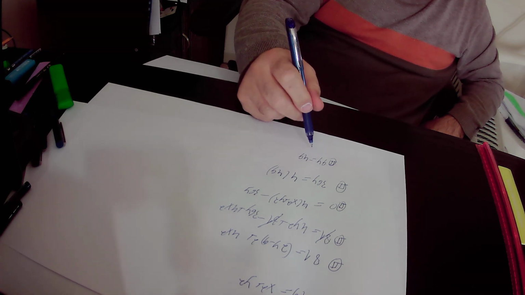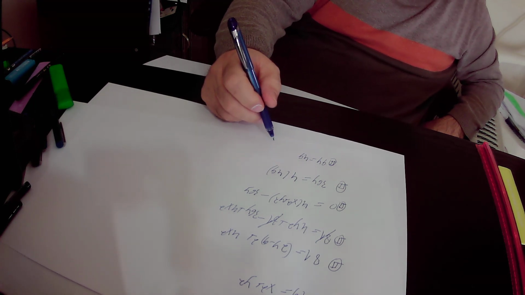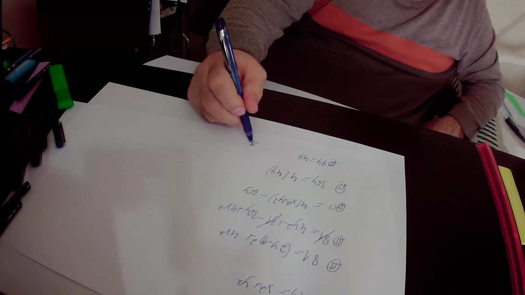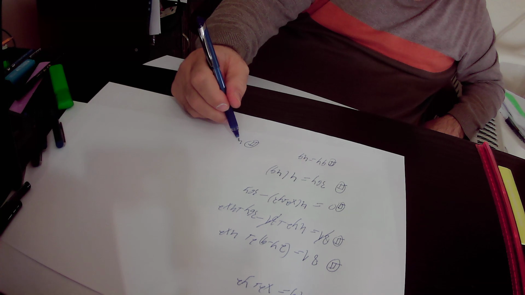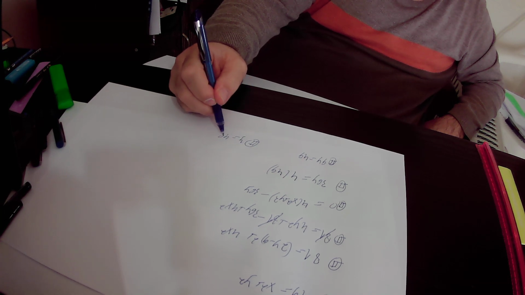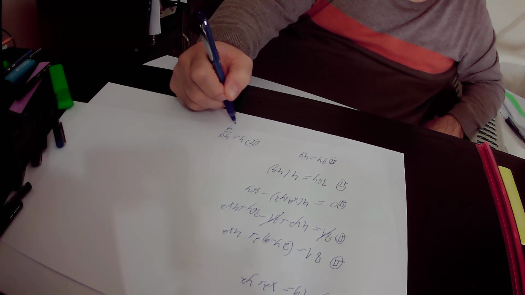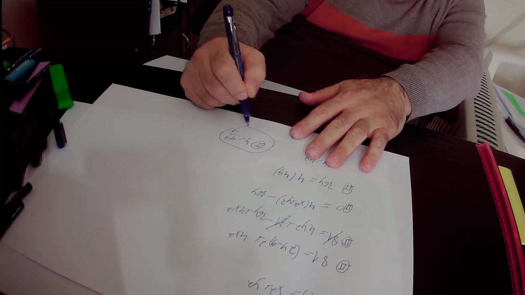We will divide this equation by 9, and we will get that, according to equation number 2, y equals to 49 over 9.